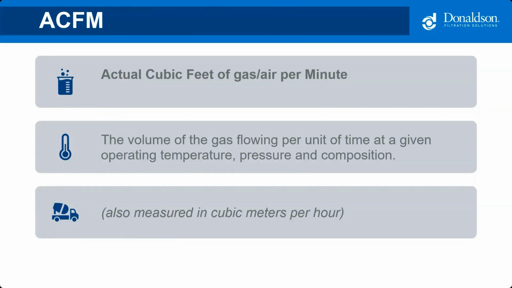Systems are designed for a certain ACFM, and you might have access to the fan curves, and so the actual amount of air can fluctuate based on total static pressure of the system. And so we'll talk about ways to make sure that you're able to move it. But the best way to measure the ACFM is to simply use a pitot tube, inserted into the ductwork to see what your actual airflow is.